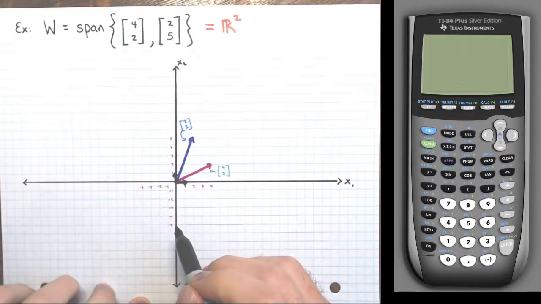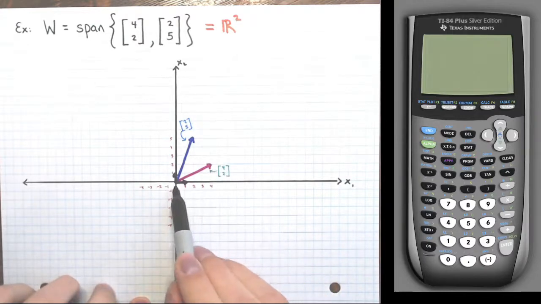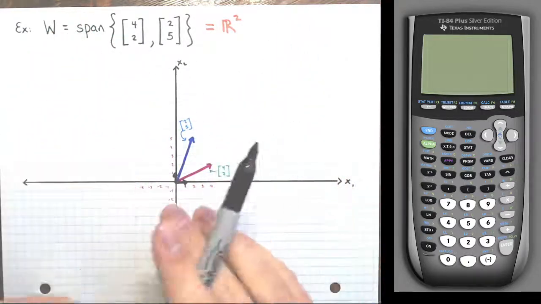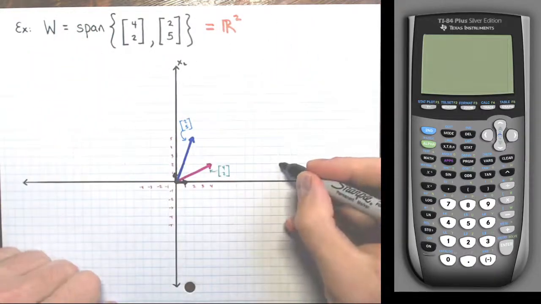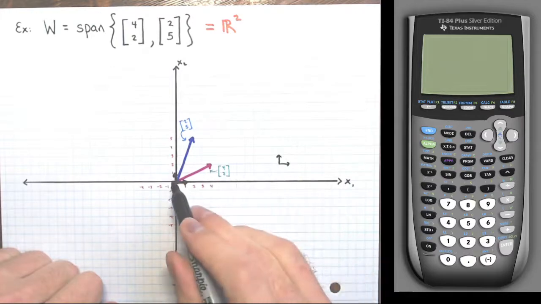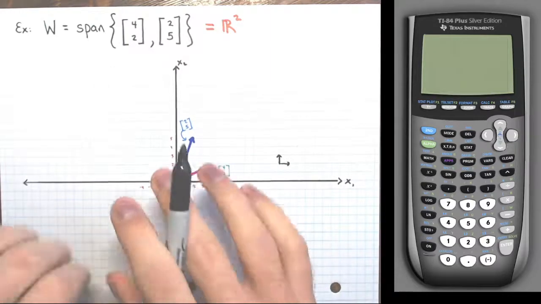You've probably seen that already. And if I put up a bunch of 1, 0s and 0, 1s, I get the grid, right? You see how this grid here is made up of a bunch of 1, 0s and 0, 1s? Every single little square is kind of made up of these vectors. So I get this grid.